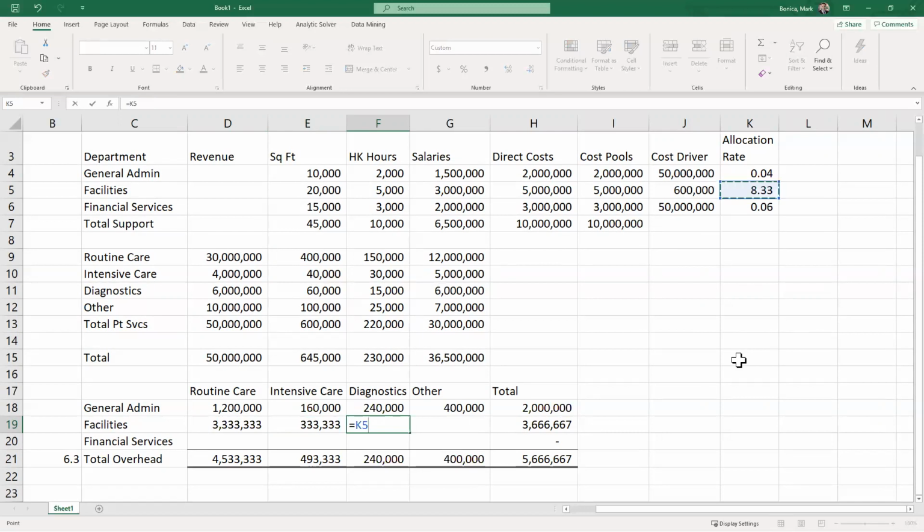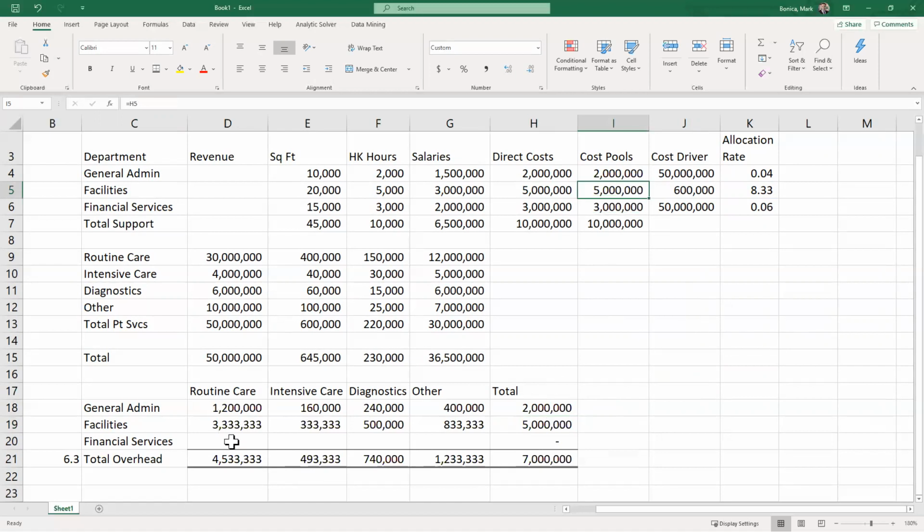Diagnostics, $8.33 times the diagnostic square feet of 60,000. And then finally, $8.33 per square foot times the 100,000 square feet for other. And we get the amount of facilities allocated to each of the profit centers. And notice when we add up the row, it adds back up to 5 million, which is the cost pool for facilities.